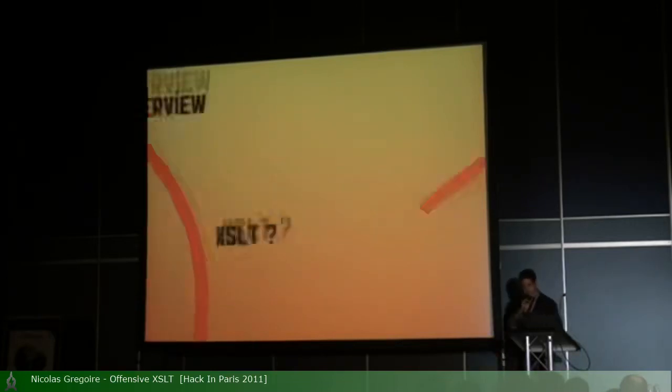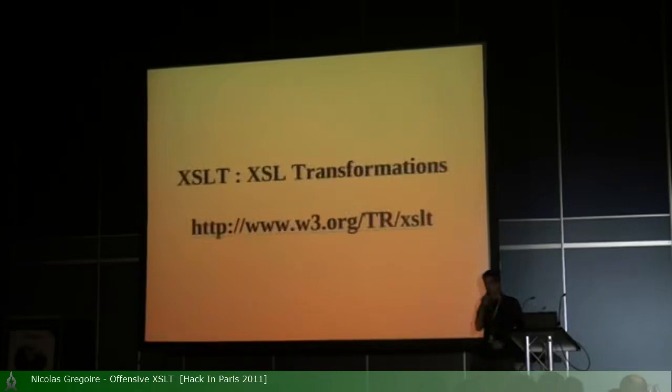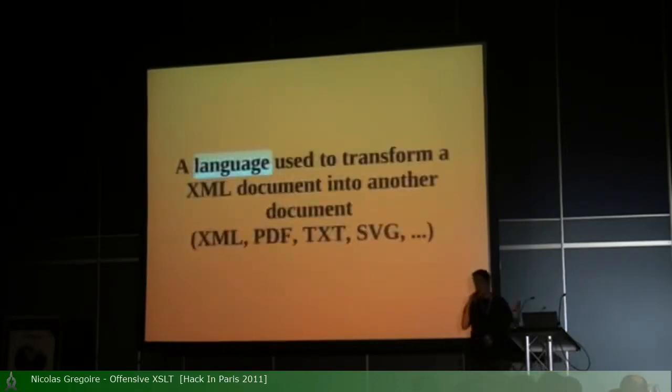So XSLT. It's a W3C standard, which is at this URL. It is used to transform some XML document into another document, which could be XML or not. So you can produce a document like PDF, SVG, text, whatever.